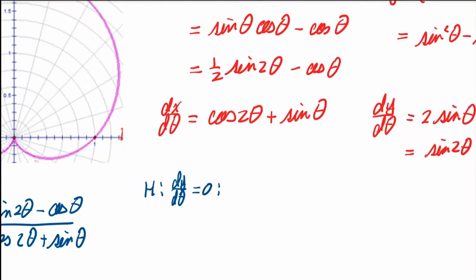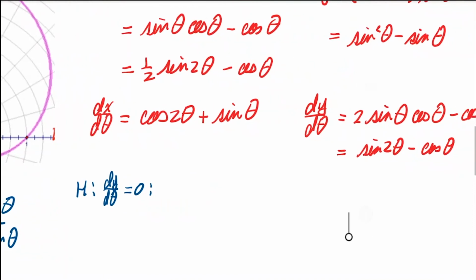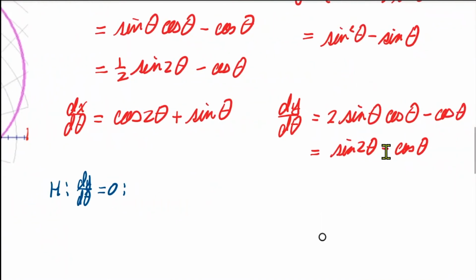Good. Okay, I'm going to use this one. This is easier to work with than this form. So I'm going to factor out cosine theta. So we have cosine theta times 2 sine theta minus 1 is equal to 0. You with me?